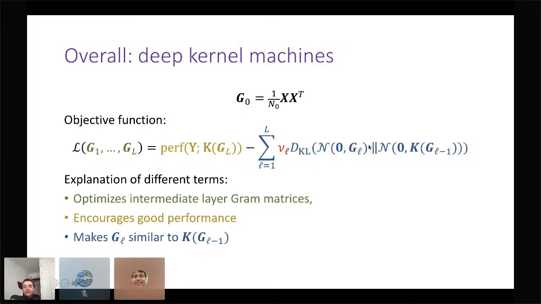So this KL divergence is going to be as close to zero as possible if these two matrices are similar, and it's going to get bigger as those two matrices become different.